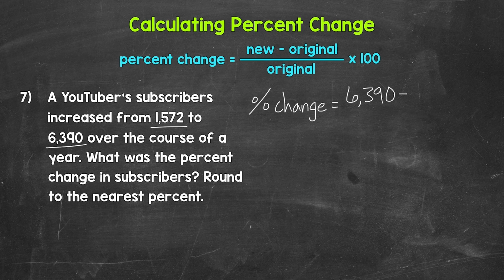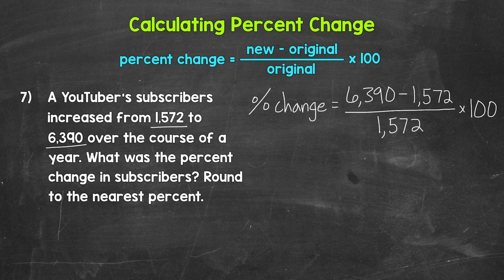The YouTuber went from the starting value of 1,572 to the new value of 6,390. So minus 1,572. And then we divide by the original value, which again is 1,572. And then we multiply by 100.